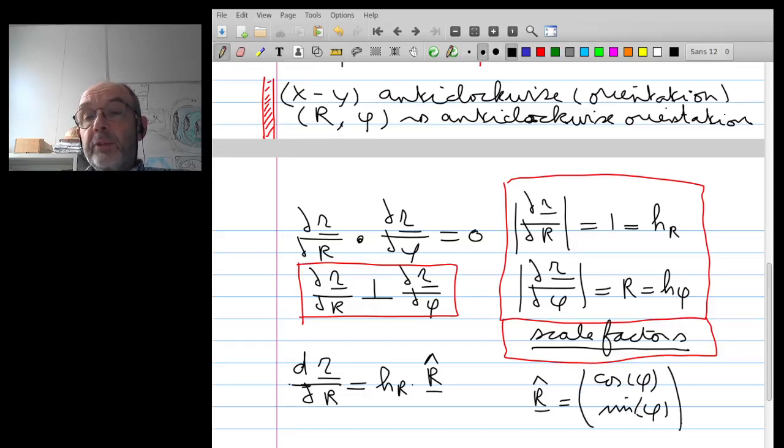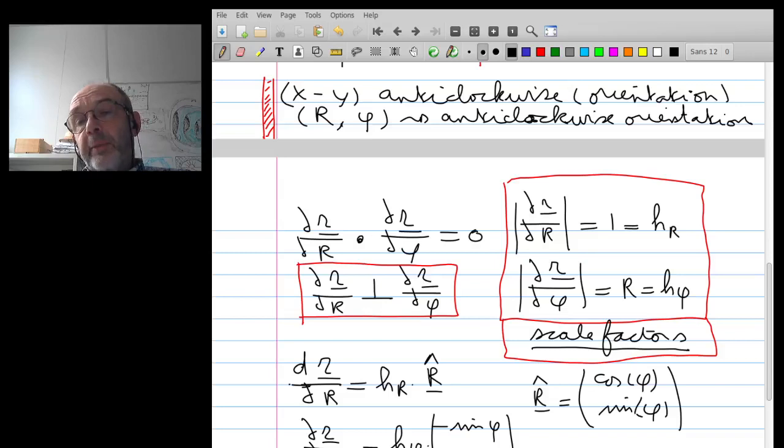So that is the unit vector, and the other one, if you differentiate it to phi, you get that scale vector in the phi direction and then minus sine of phi, cosine of phi.